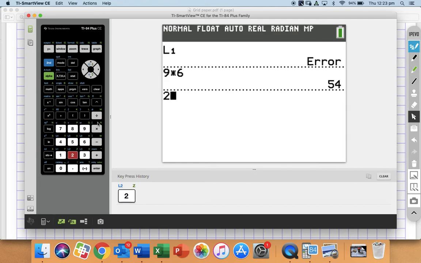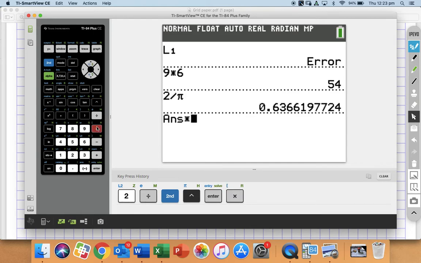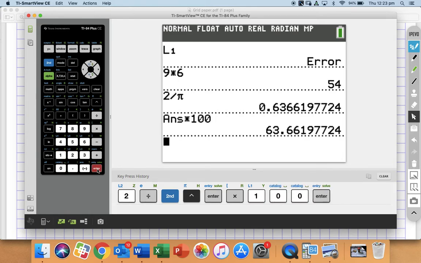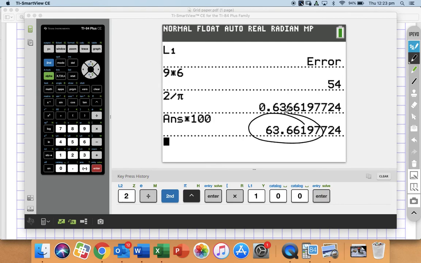So 2 divided by pi, right? What does that equal? 63.6% times 100. And this is our answer. Don't put all the decimals in. 63.7% approx. And that question is now complete.